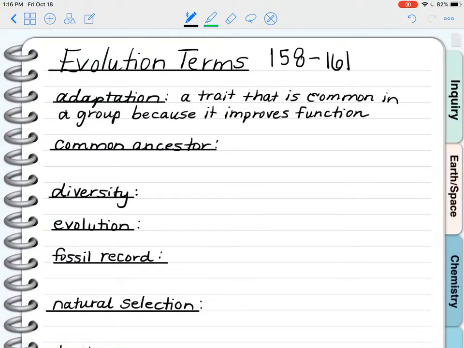A common ancestor is an organism, or a living thing, from which other species have descended.